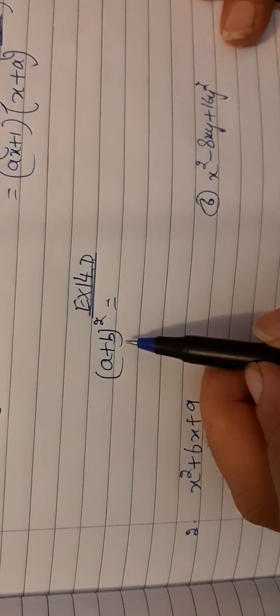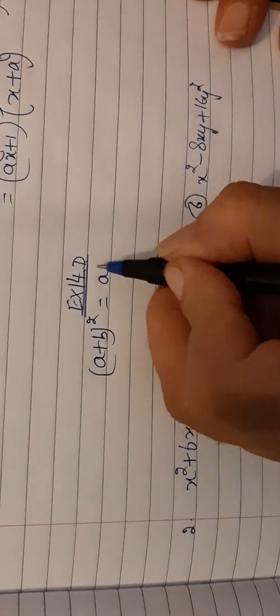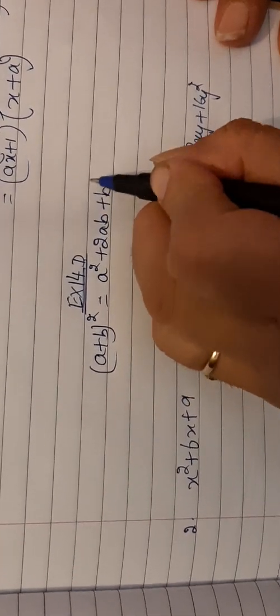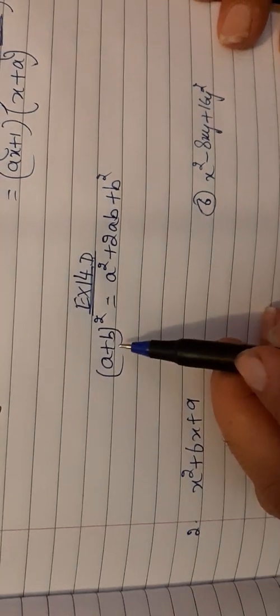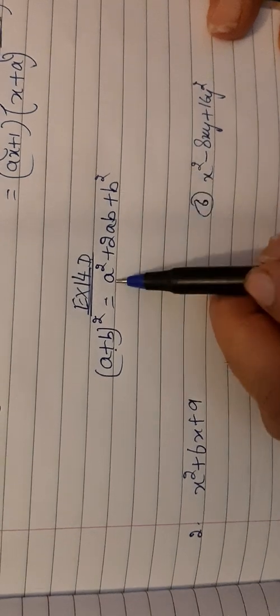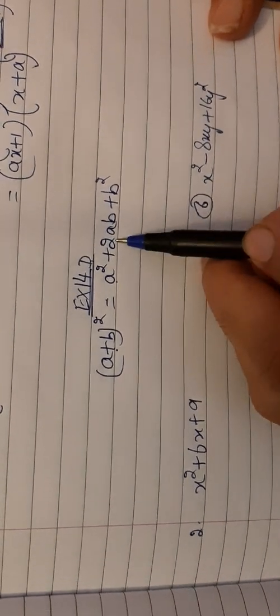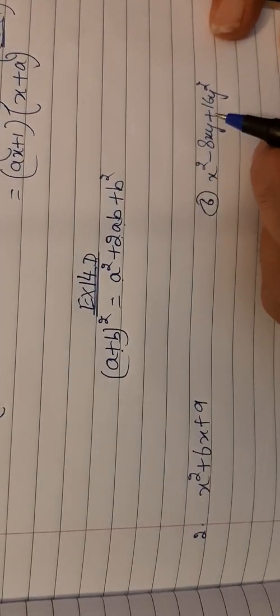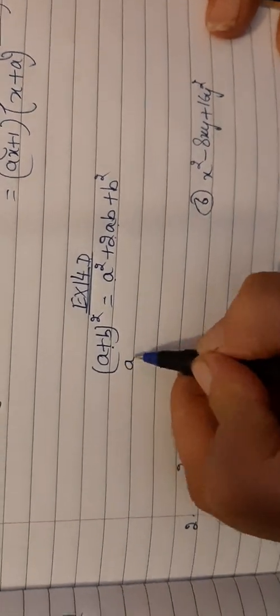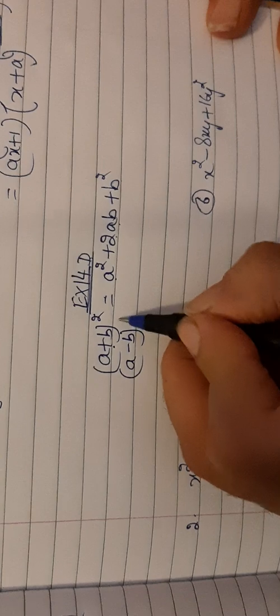This is the identity which you have done. You know the formula is a square plus 2ab plus b square. If you are given this left hand side and you are finding the right hand side, it means you are doing multiplication. Now again there is one more formula, which is a minus b whole square.